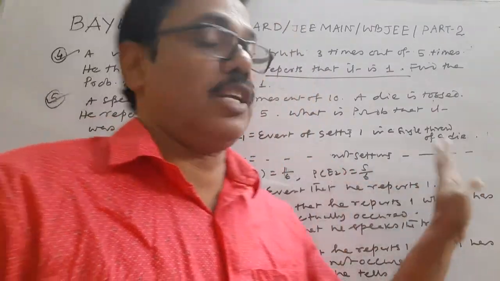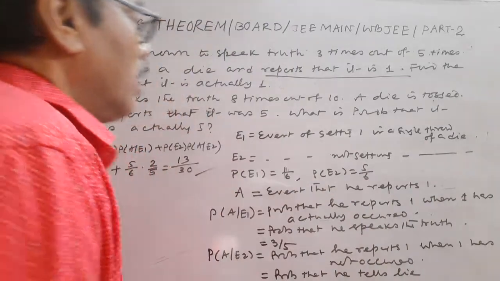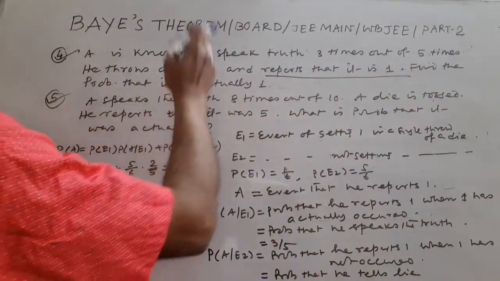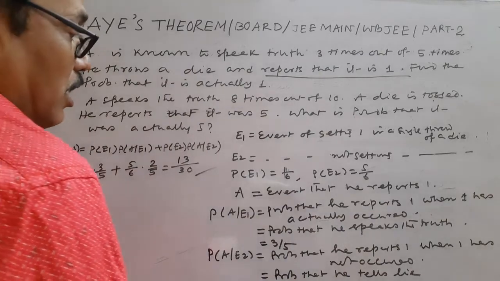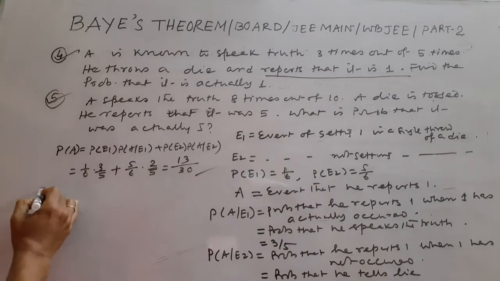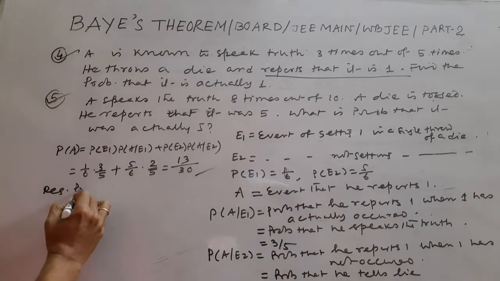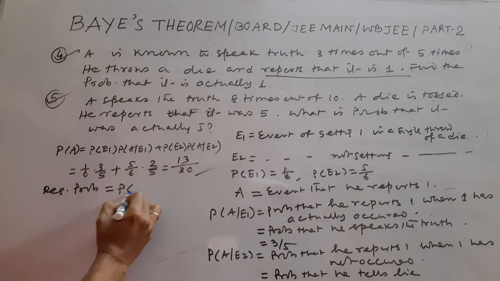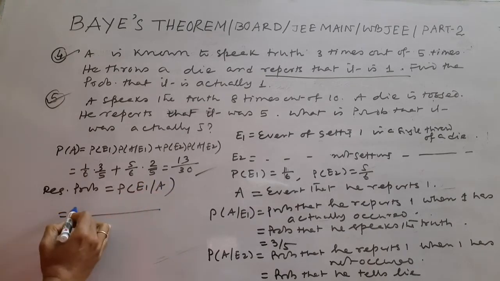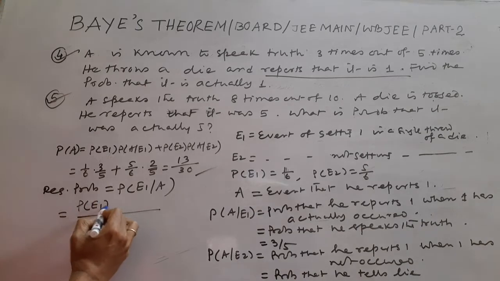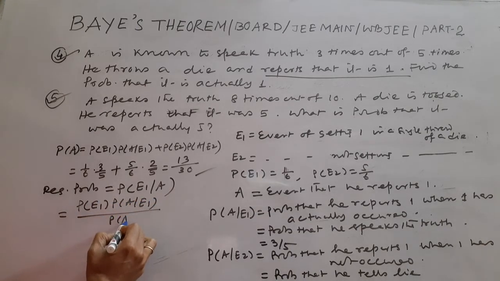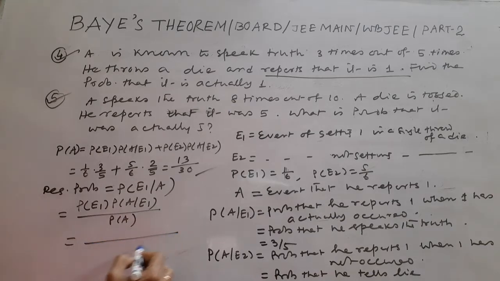He reports that it is 1. Now what is the required probability? Find the probability that it is actually 1. Actually 1, this is E1. So the required probability is P(E1/A). P(E1/A) is P(E1) into P(A/E1) by P(A).